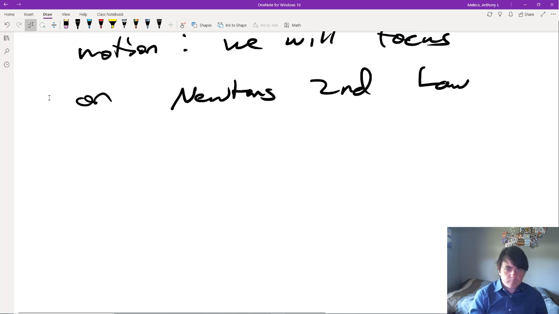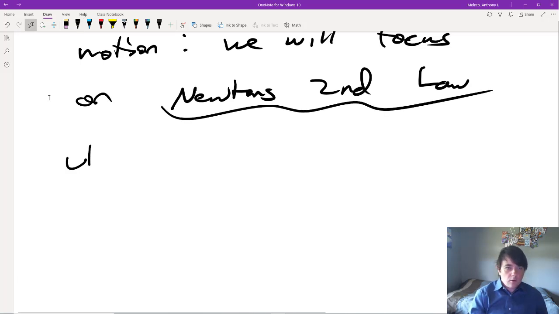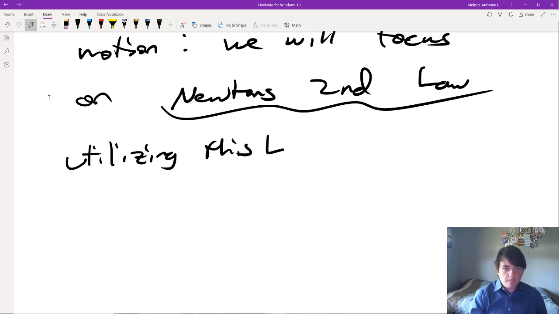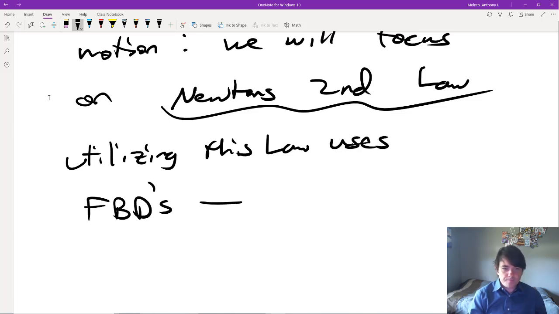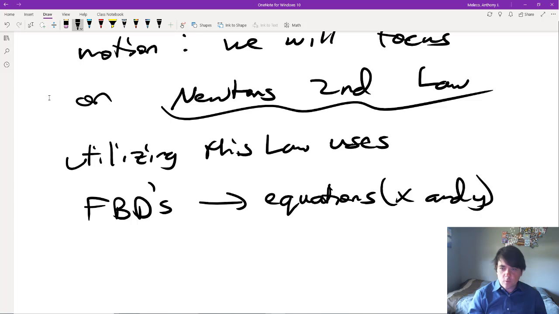And utilizing this law uses free body diagrams, equations, x and y, and then solving.